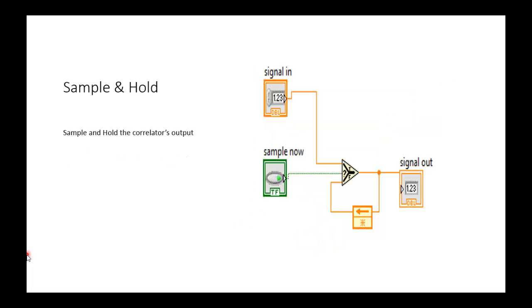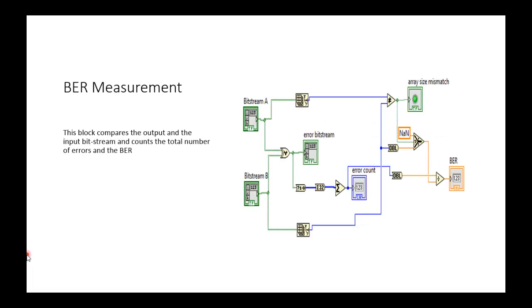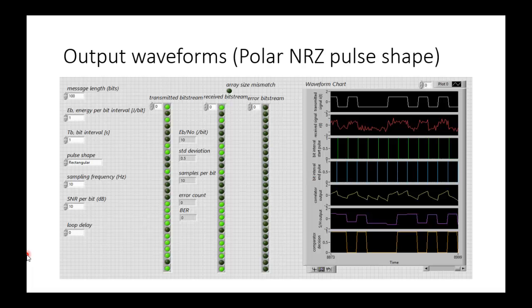The sample and hold, the bitstream buffer that stores the regenerated bits, and the bit error measurement block that is useful in comparing the regenerated bitstream with the input bitstream and counting the total number of errors and determining the bit error rate. And for typical values of message length and SNR, we get these waveforms.